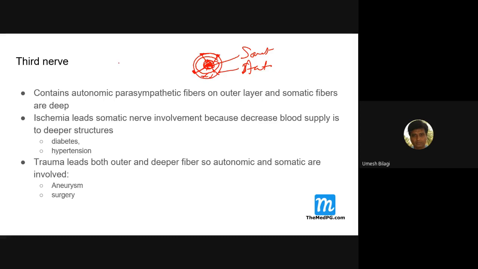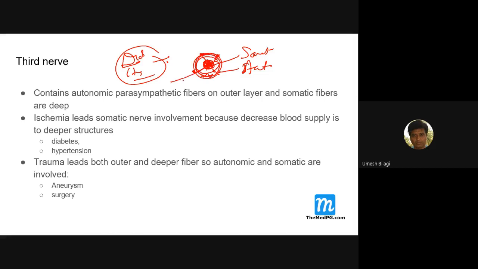So diseases like diabetes and hypertension damage the oculomotor nerve because of ischemia produced by compromised vessels. The somatic issues will be there, whereas autonomic fibers would be spared.